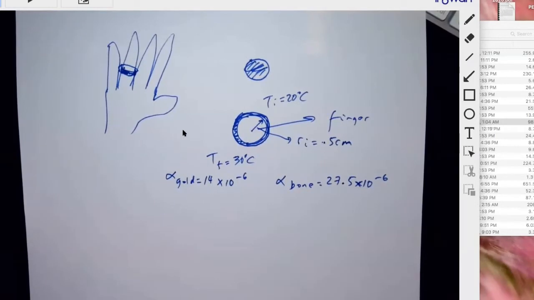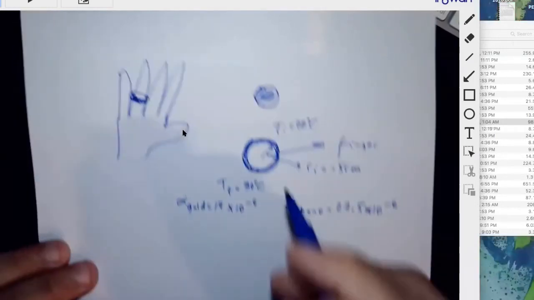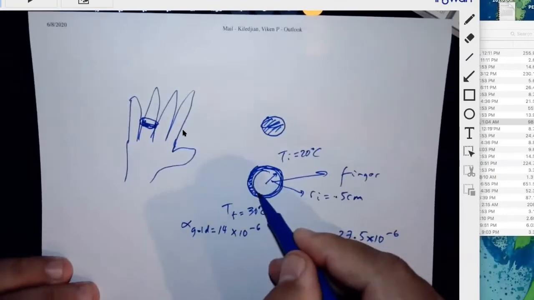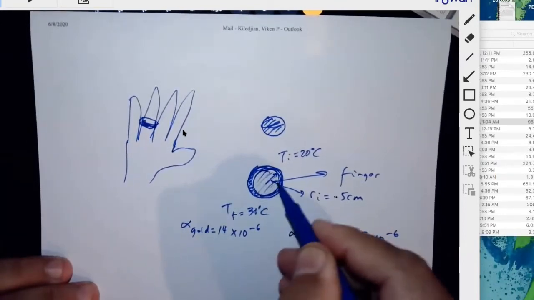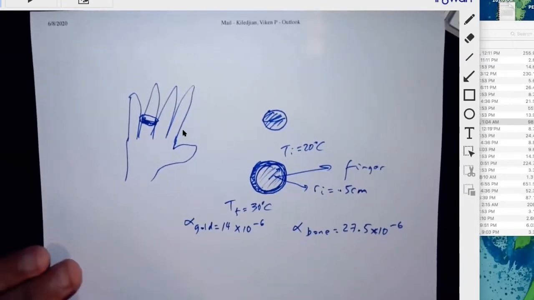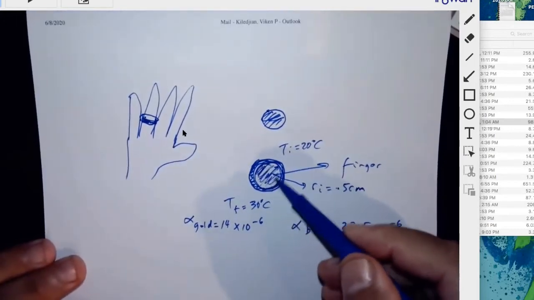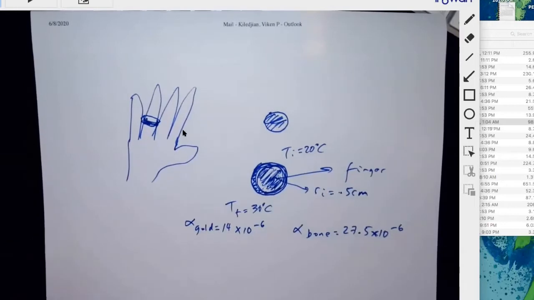Now since the finger is cylindrical, it expands as an area, right? Remember the circle that we did yesterday? To find the new radius of the finger, I'm going to assume the whole thing is full of bone, so it's like a simple cylindrical bone.